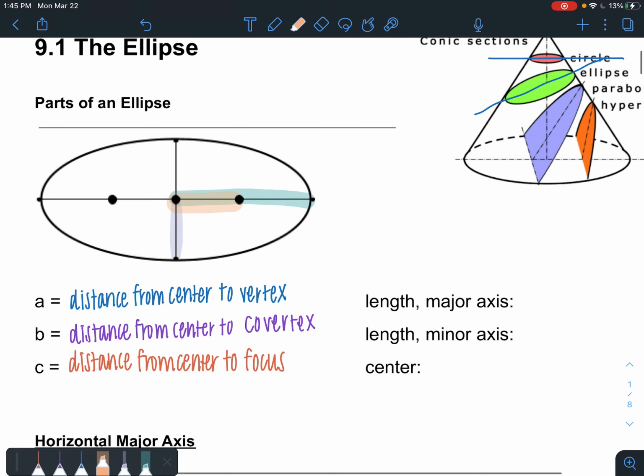Okay, the major axis, so what each of these are is going to be half of that distance. So the length of the major axis is going to be 2A. The length of the minor axis is going to be 2B, and then the center is labeled as (h, k). And our major axis is always the longer one.